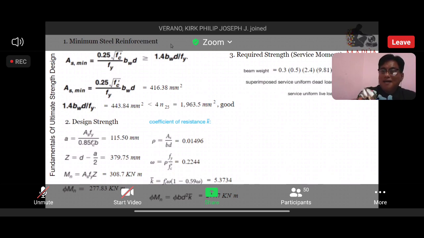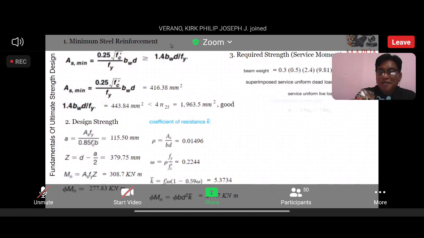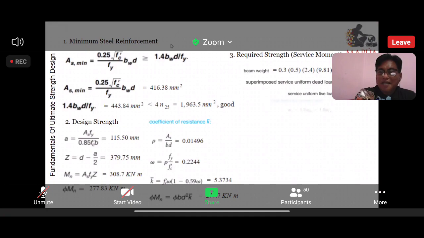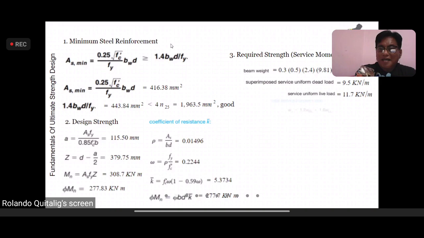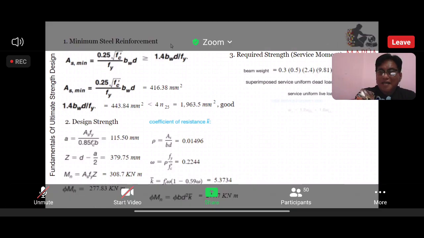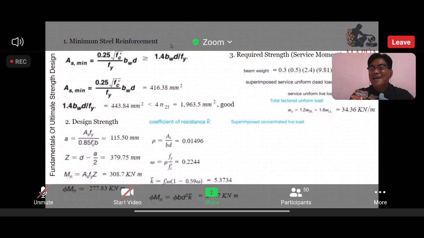Meron tayong 11.7. We also have superimposed concentrated live load accordingly. And that will be multiplied by 1.6. But this is concentrated load, which is equal to 69.44 kilonewton per linear meter.